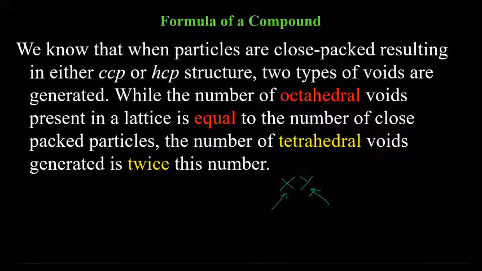Now, if we know the octahedral and tetrahedral voids, we can find the value of n or vice versa. So these can also be utilized to find the formula of a compound. But sometimes octahedral or tetrahedral voids might not have all the atoms; they will have some atoms.